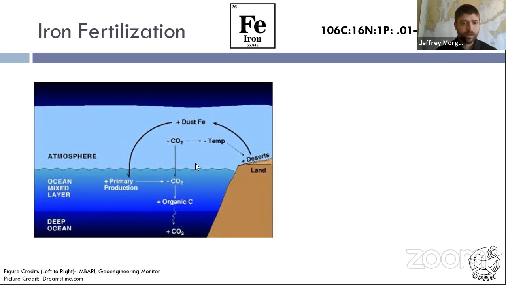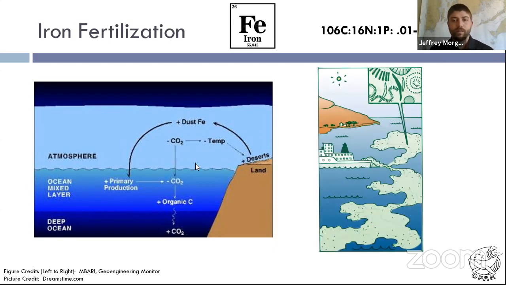So it didn't really go very far, but the idea was to bring boats out and dump a whole bunch of iron and create more phytoplankton blooms to bring carbon into the ocean and hopefully sequester it over time. So the whole idea behind the fertilization was to draw carbon out of the atmosphere. I'll share a couple of links on this process. There's a lot of debate on whether it's a good idea or a bad idea in the scientific community.